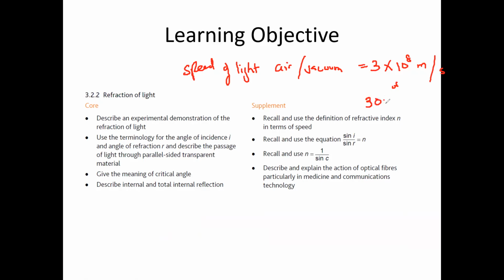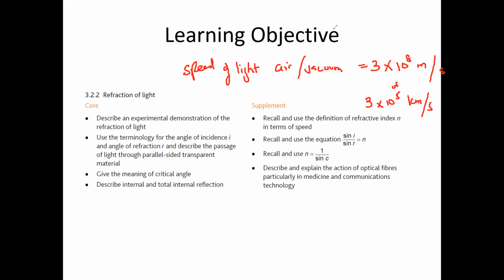It can also be 3 × 10^5 kilometers per second. So these are the values of the speed of light which you should learn.